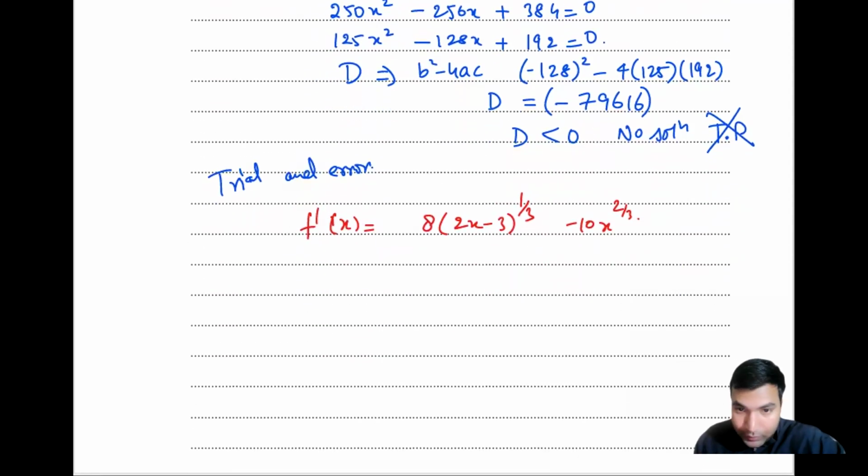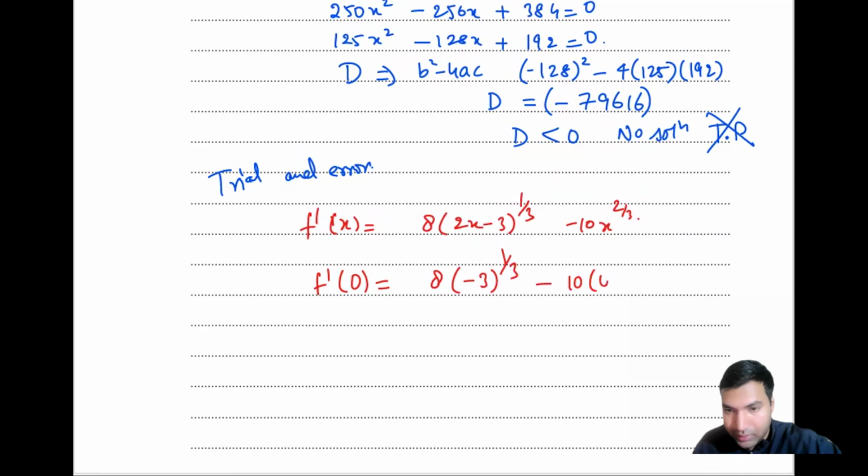Okay, so basically if I check for 0, any negative value, so if I check for 1, let's say, f dash of 0 would be 2 times 0 is 0, negative 3 cube root, minus 10 times 0 to this, isn't it? So negative 3 to the power of cube root of this, right? So this is basically negative only.